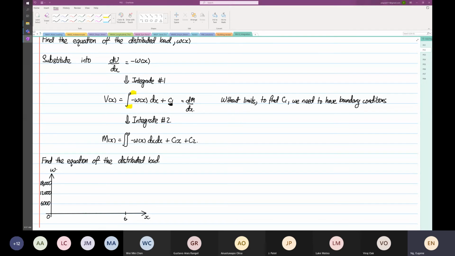Then you have your load distribution looking like this. So the first thing we're going to do is find the function of the line.